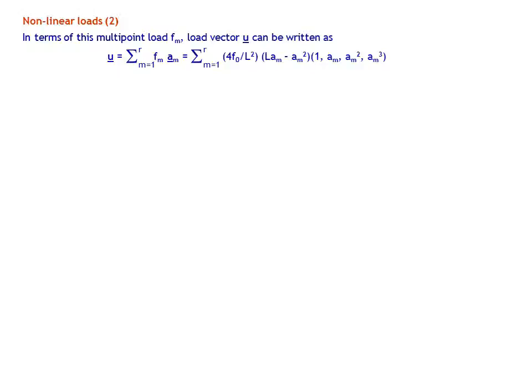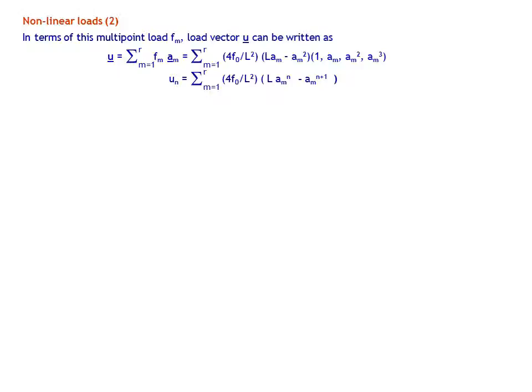Once we have Fm, we can determine the load vectors U and V. Looking at load vector U and substituting for Fm from the previous slide, we can easily pick out the components of U. For example, U1 has L times 1 power of Am minus 2 powers of Am, so this is easily generalized to Un is equal to the sum of 4f0 over L squared into LAm to the power n minus Am to the power n plus 1.